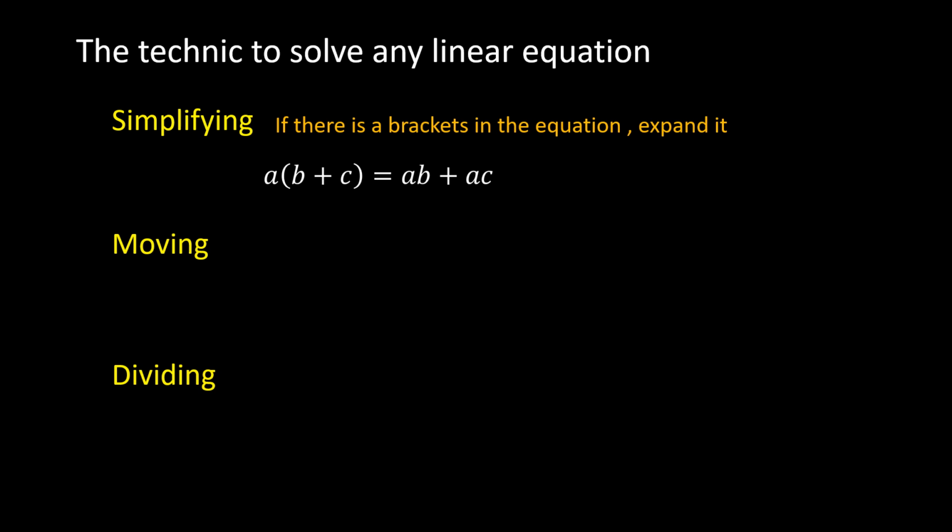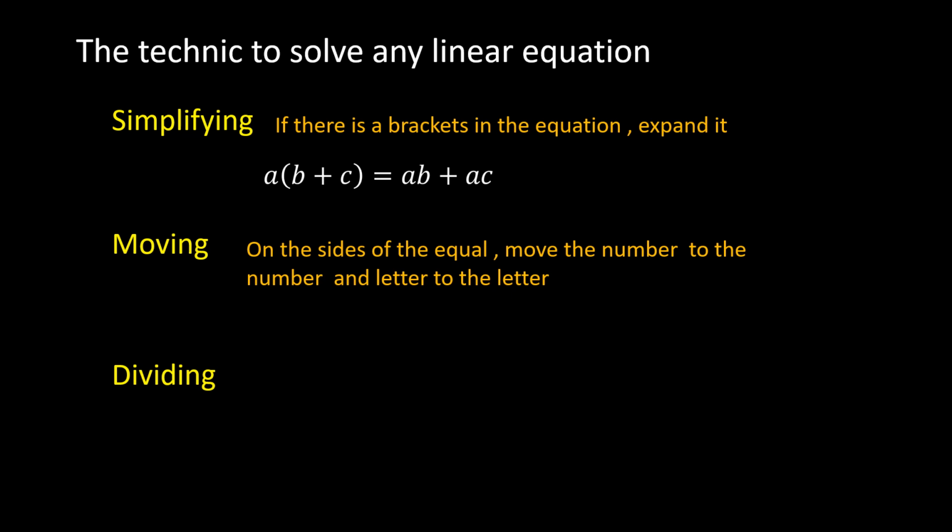Then after that, you can use the next step, which is moving. On both sides of the equal sign, you have to move the number to the number and the letter to the letter.